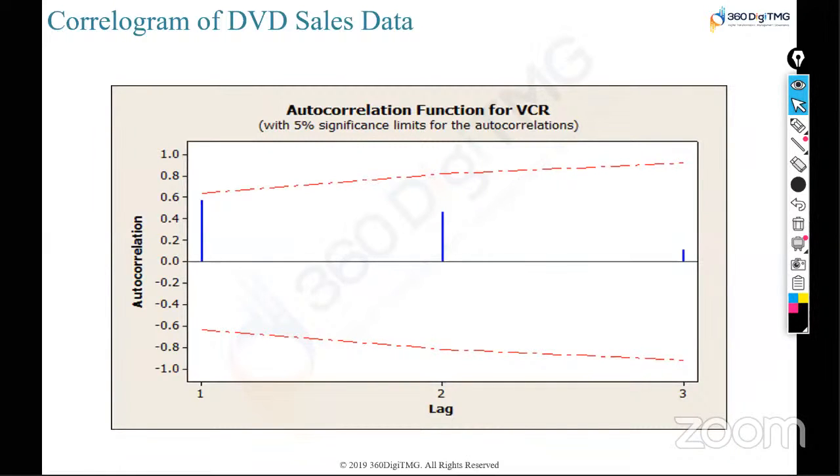Lag 2, it is about 0.4, and lag 3 is about 0.1. Is it clear so far? Perfect.